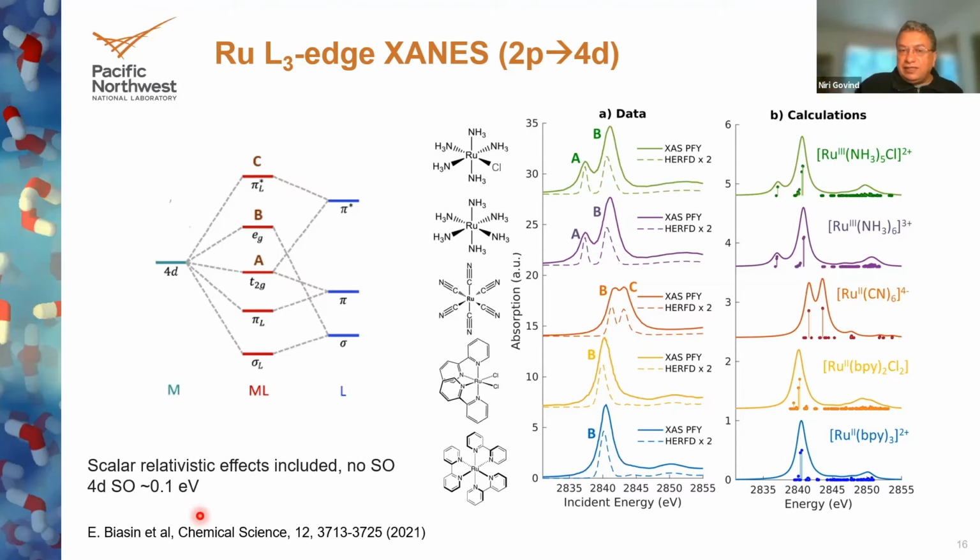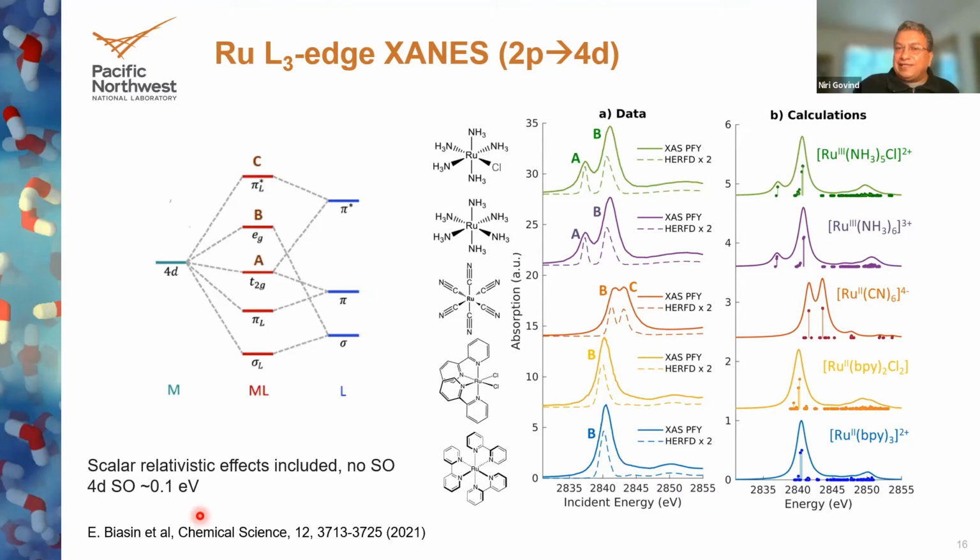But the interesting thing is, as you go to the shallower 3D transition metals, where the 2p spin orbit splitting is of the order of 10 eV or less, you have to do the full two-component treatment, because you might have L2, L3 features running into each other.